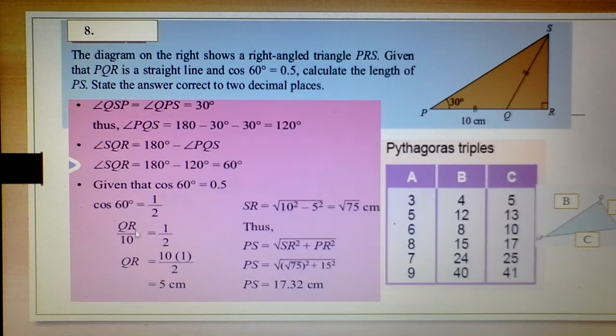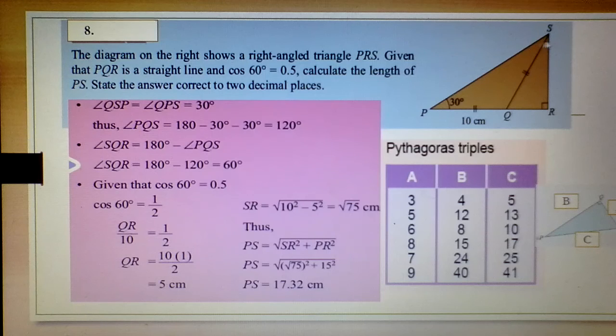Okay, so you use the formula QR divided by 10, adjacent divided by hypotenuse. So QR divided by 10 equals 1/2. You solve, you get QR is 5 cm. The question needs you to find the length of PS. So PR, from here 10 and QR we get 5, meaning here is 15.